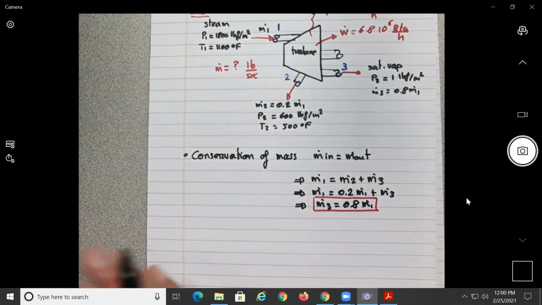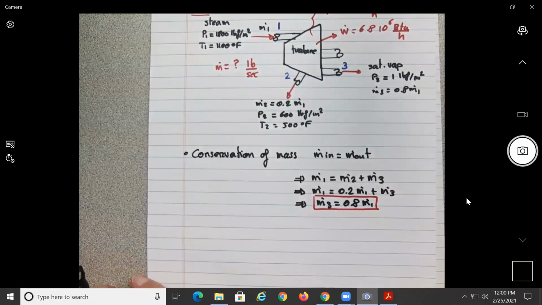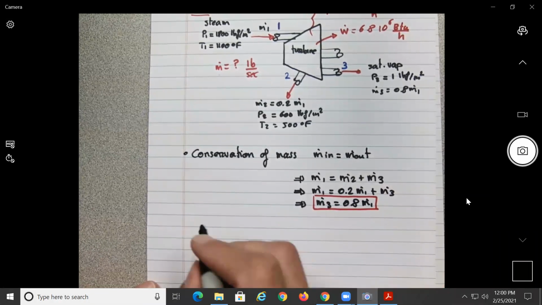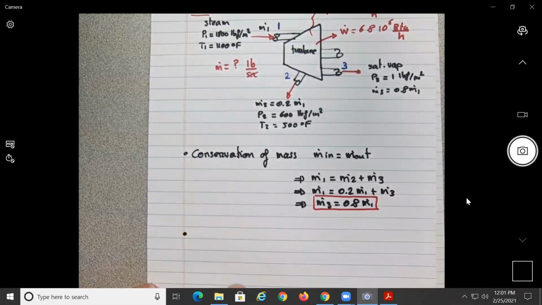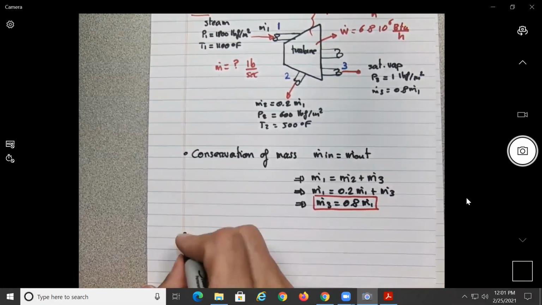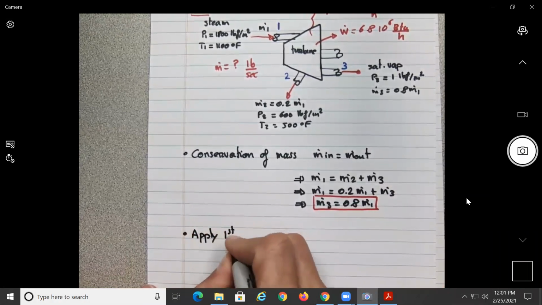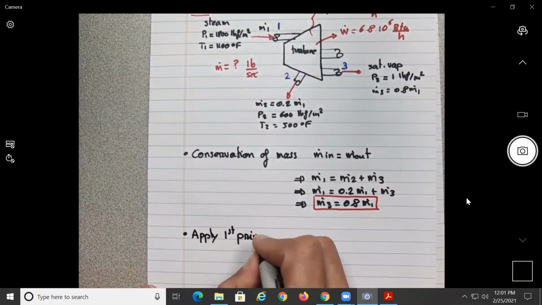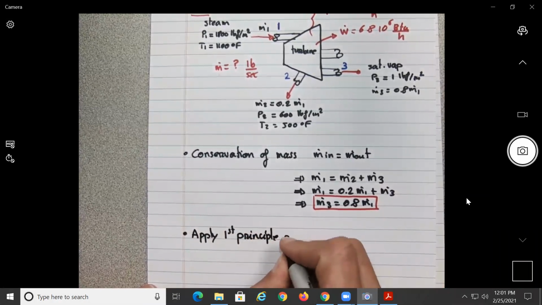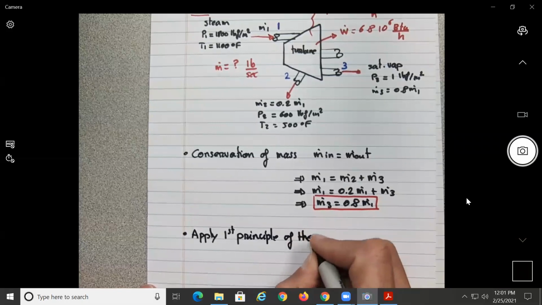Any question? I think that's straightforward, no? All right, the next part, be careful because I'm picky about it. We're going to apply the first principle of thermodynamics.